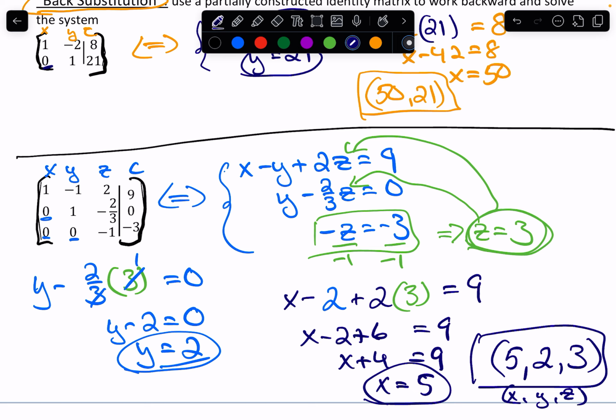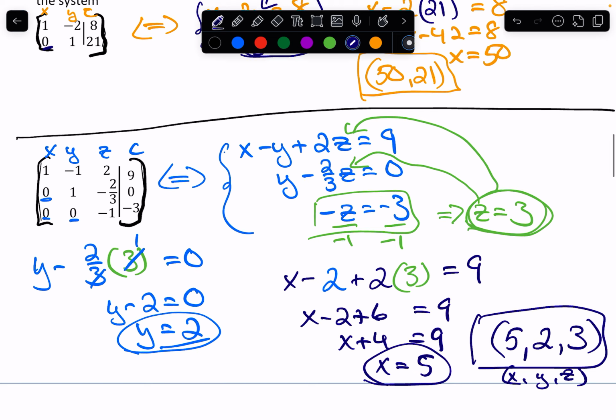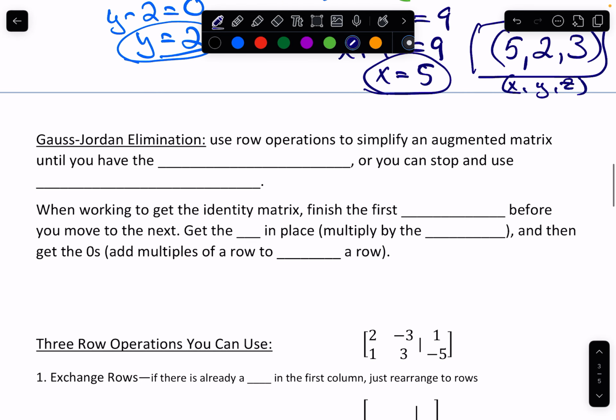Okay, now, next we're going to look at what's called Gauss-Jordan elimination. So what we're going to do is use row operations to simplify an augmented matrix until you have the identity matrix.